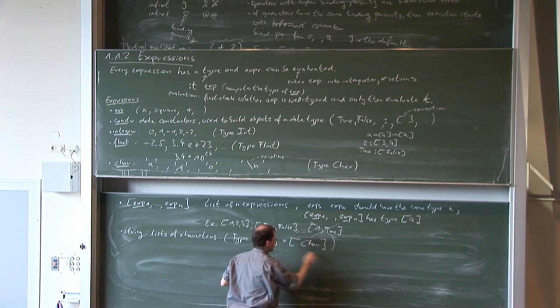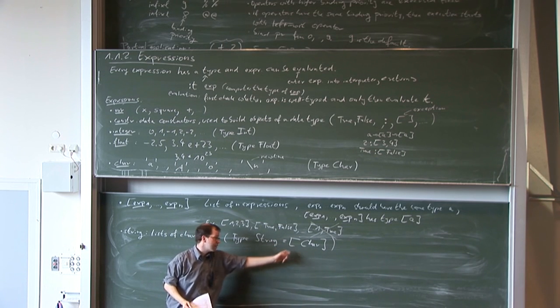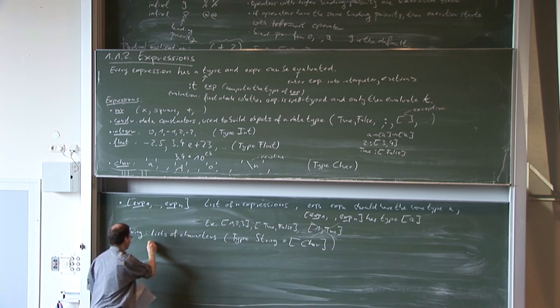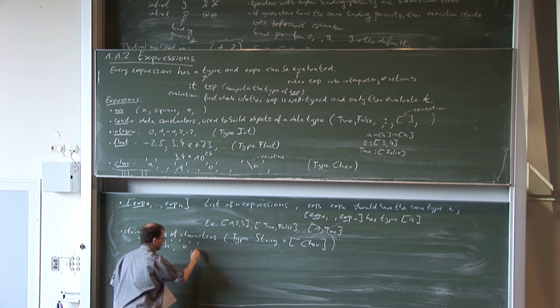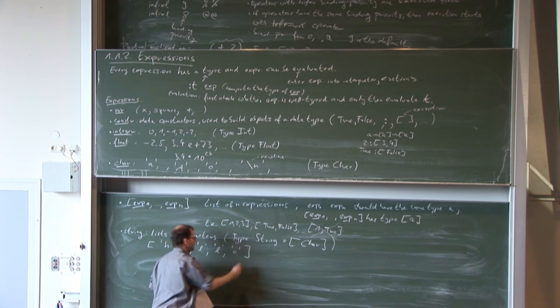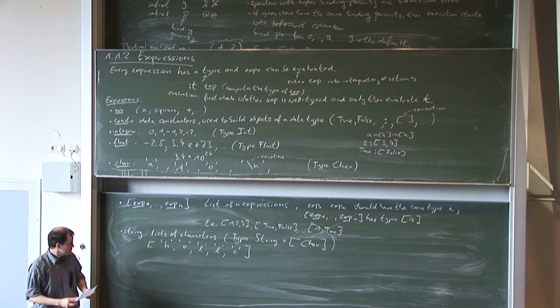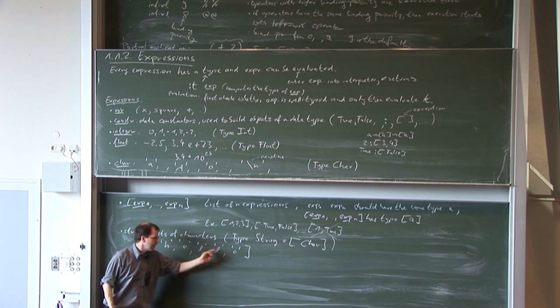This is just an abbreviation, and you can interchange them. This is exactly the same. So, for example, you would write strings like hello. If you want to write the word hello in Haskell, it would look like this, because this is the list containing the characters H, E, L, L, and O.